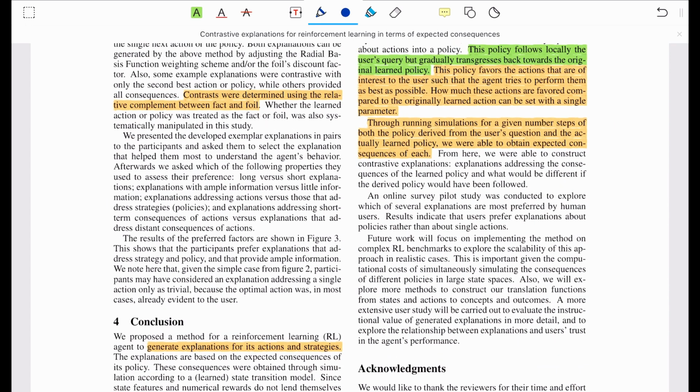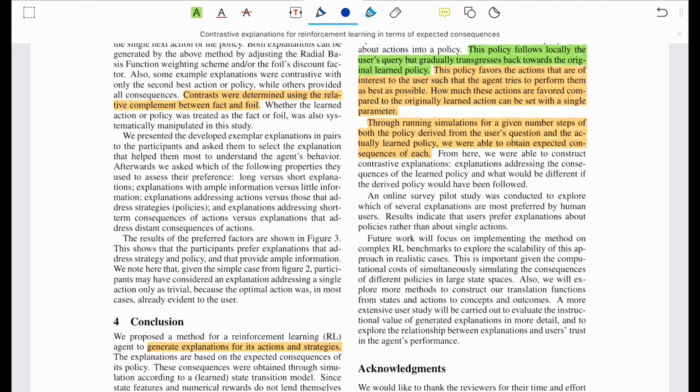I guess that's about it for this paper. So in summary, the paper tries to explain agent behavior in terms of expected consequences. That is, if I take this action, these are the concepts, these are the human understandable terms that are going to become true, and that is the reason why the agent took this action.